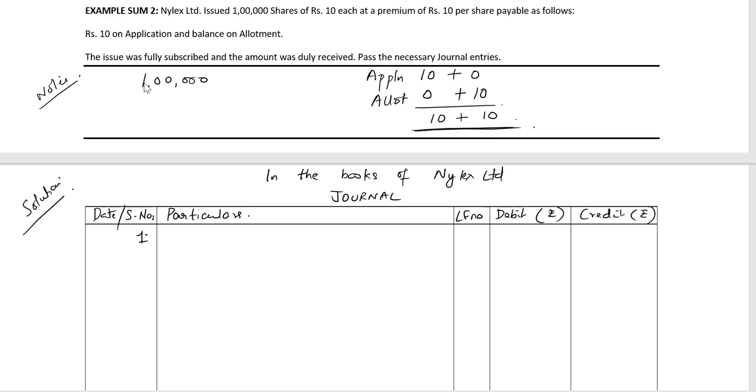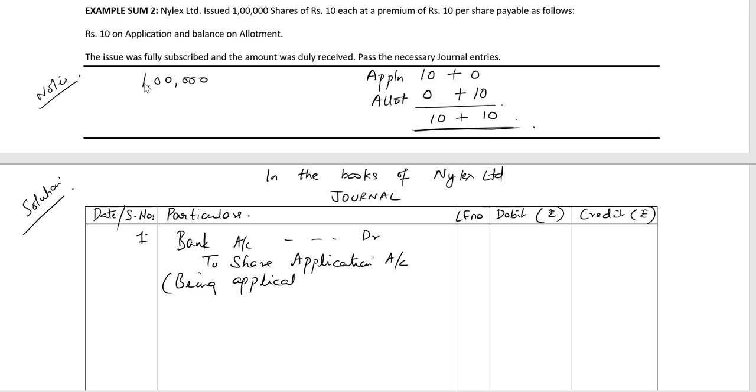The first journal entry is for receipt of application money, bank account debit to share application account, being application money received.